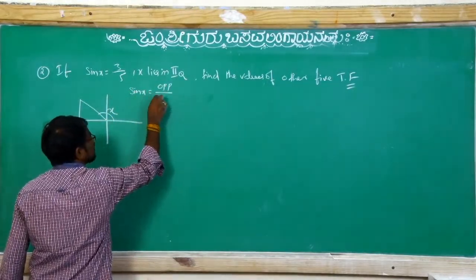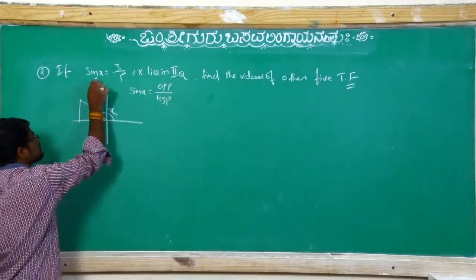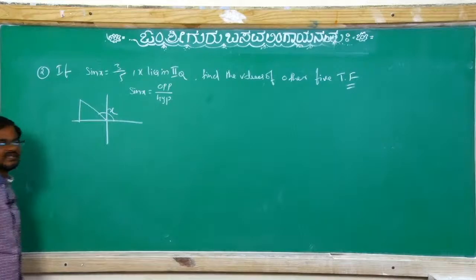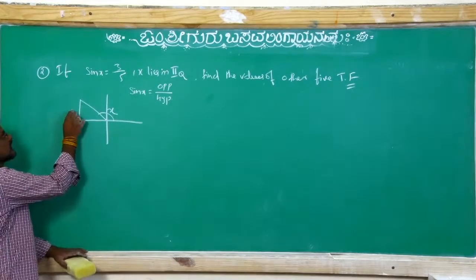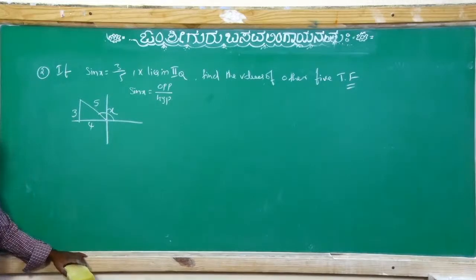Opposite side by hypotenuse. In the second quadrant, sine is positive, so that's why a positive value is there. So here 3 is there, here 5 is there, here what we have to write? 4. Okay.